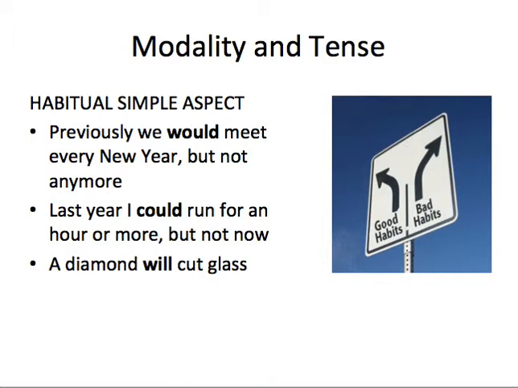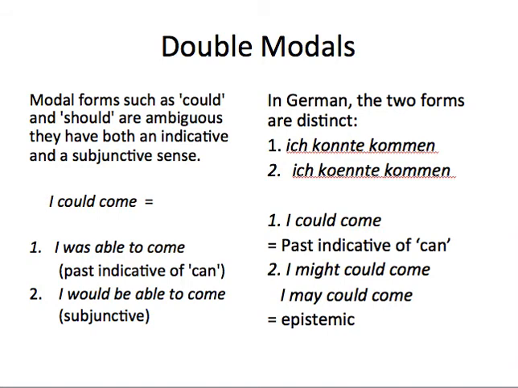Similarly, last year, I could run for an hour or more, but not now. So again, the could is the past of can, talking about a particular habitual action in the past. And again, we can say a diamond will cut glass, talking about its particular capability. And in this sense, we're not talking about modality, but about habituality.